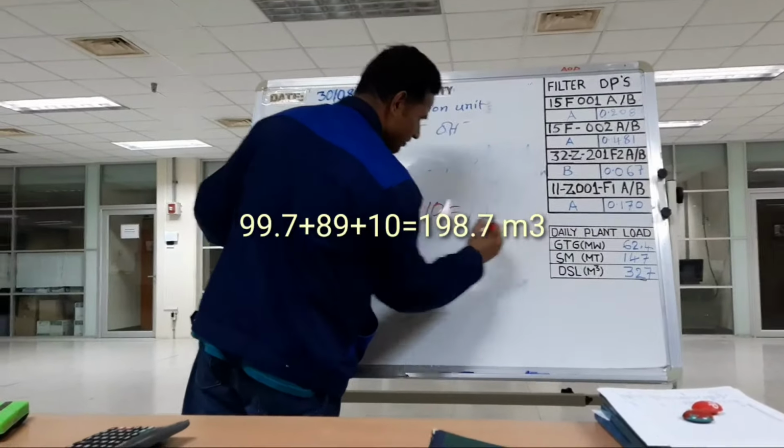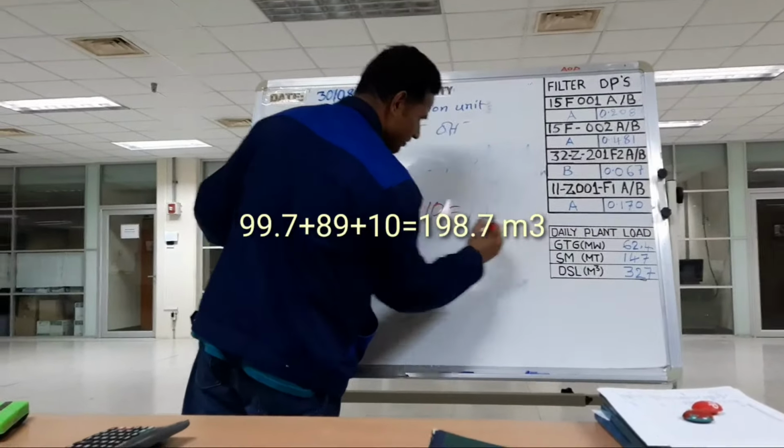So how much remaining? 207 minus 198.7, 8.3 meter cube. So per hour 8.3 meter cube is stored in the hypodosing storage tank. In 8 hours?